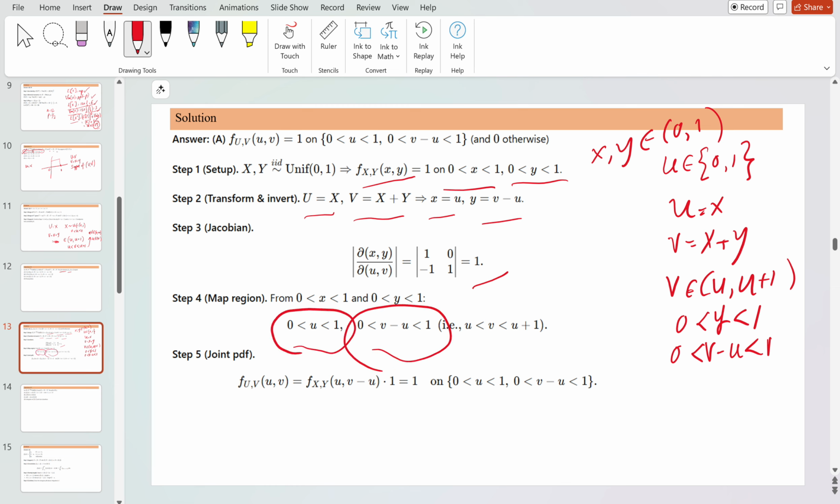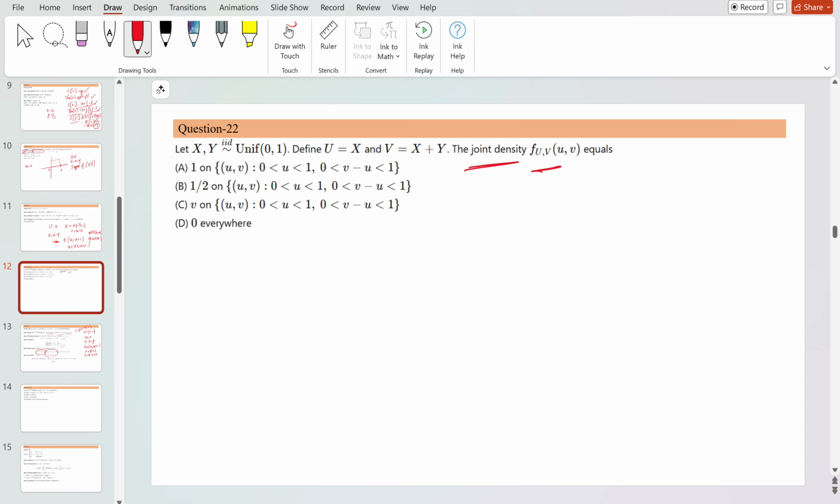So f of U,V equals f of X,Y at (U, V minus U) times 1, which is 1 because U is between 0 to 1 and V minus U is also between 0 to 1. So what is the correct answer? It will be option A, because U and V minus U are uniformly distributed, that's why it is between 0 to 1.